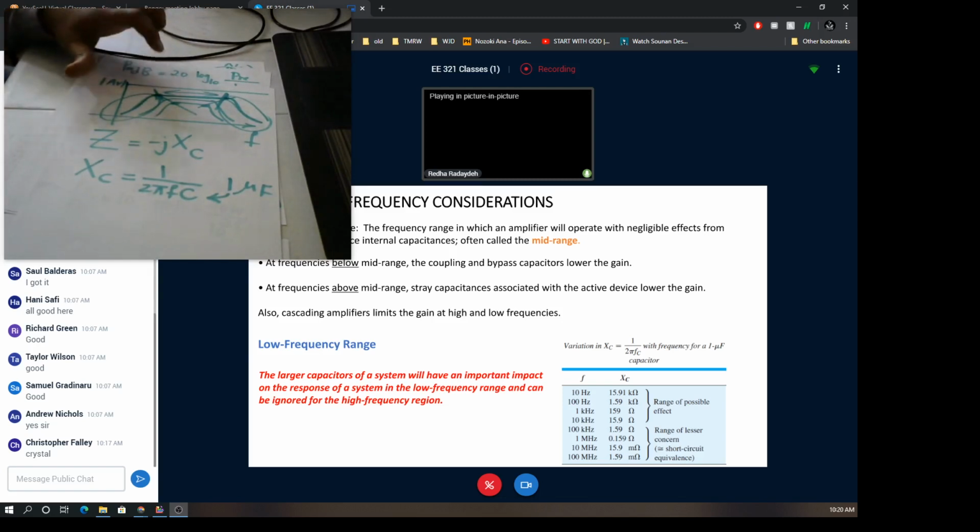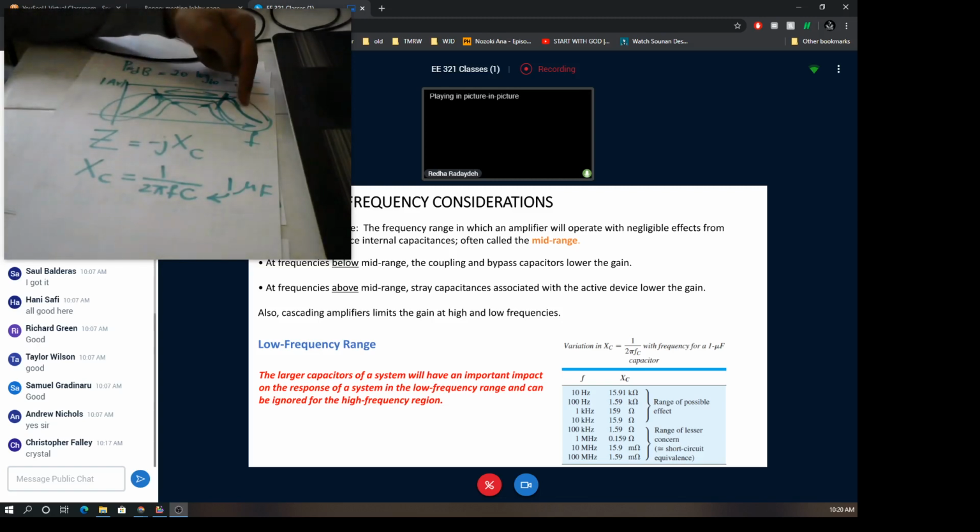We said that the capacitors that are externally introduced into the amplifier circuit are responsible for decreasing the gain at the lower frequency range here, and the capacitors that are associated with the internal structure of the FET, JFET and BJT are responsible for determining this kind of response.